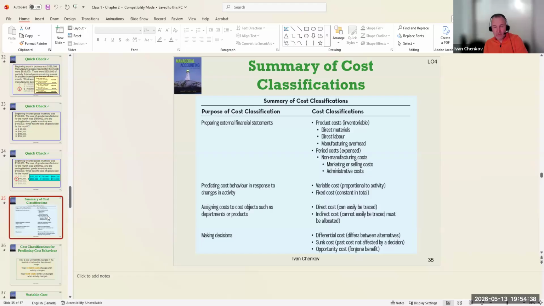But what I can do is get a different classification for the same cost. I can start breaking the cost into different parts, or have a different classification of the same cost.